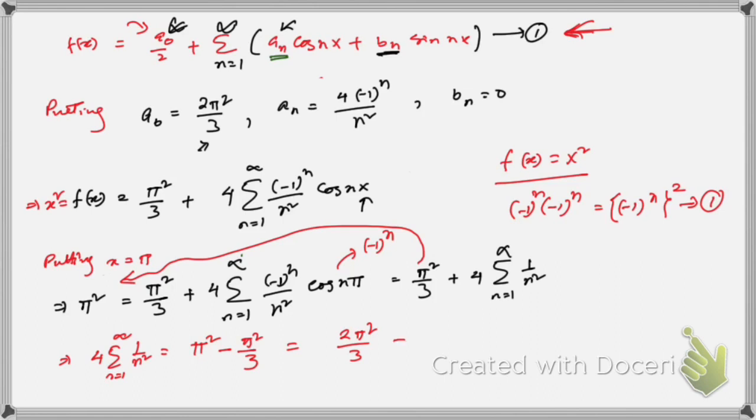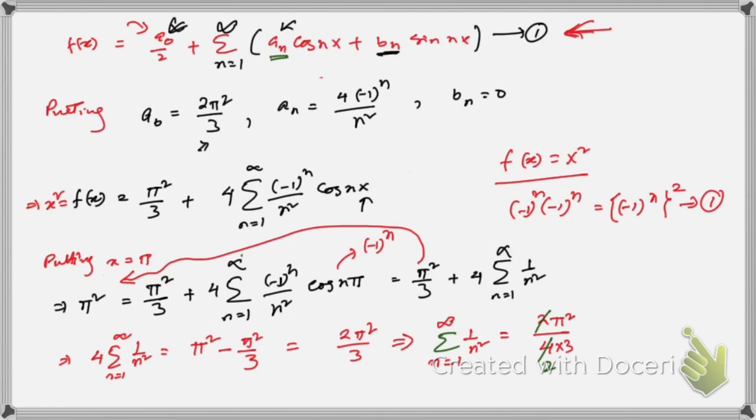So this implies summation from n is equal to 1 to infinity 1 by n square is equal to 2 pi square by 4 into 3. That's going to be cancelled by 2.